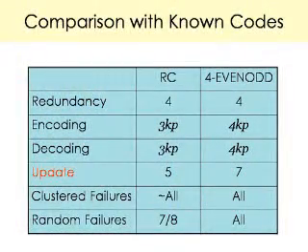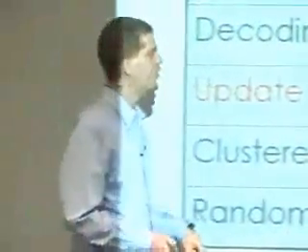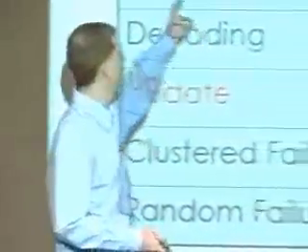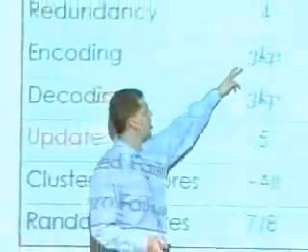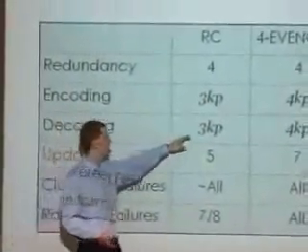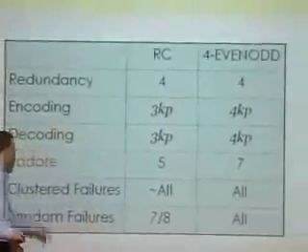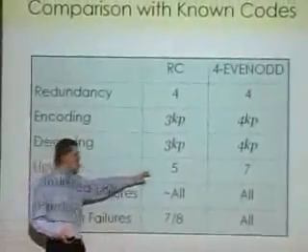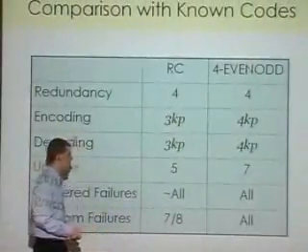So that's a comparison between RC, that's our codes, and the 4 even odd. And we see that in encoding we save 25%, decoding also 25%, 3 kp instead of 4 kp. In update complexity we even save more, 5 instead of 7.